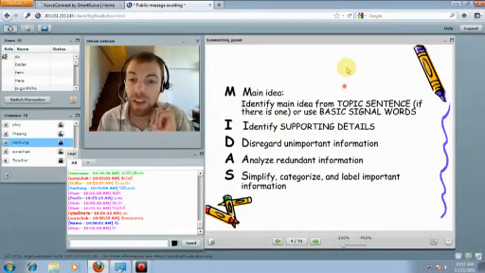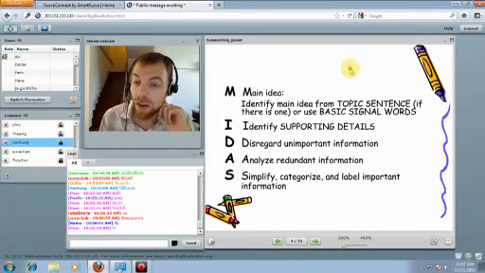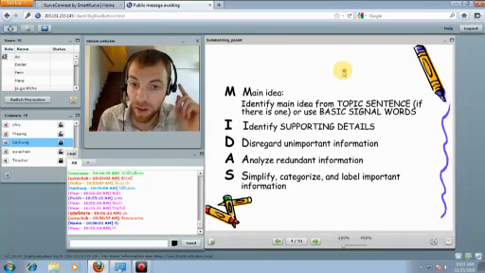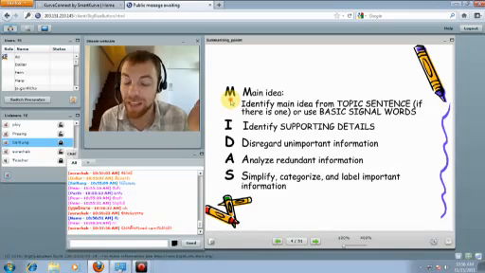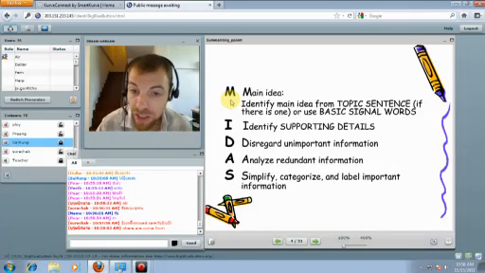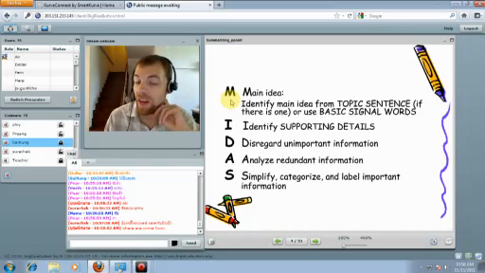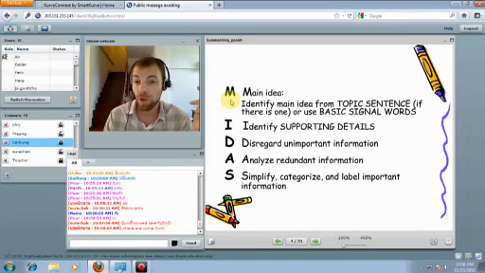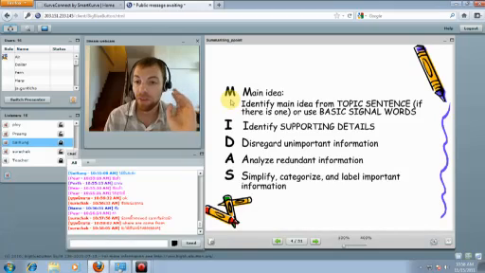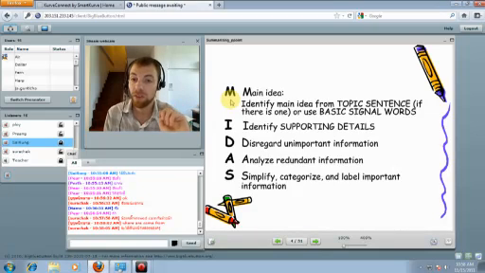Alright, here is something that can help you start your process of how to summarize. First, M, main idea. So identify the topic sentence. Now, usually in a paper, or in a speech, the topic sentence is going to be the very first one or two sentences.